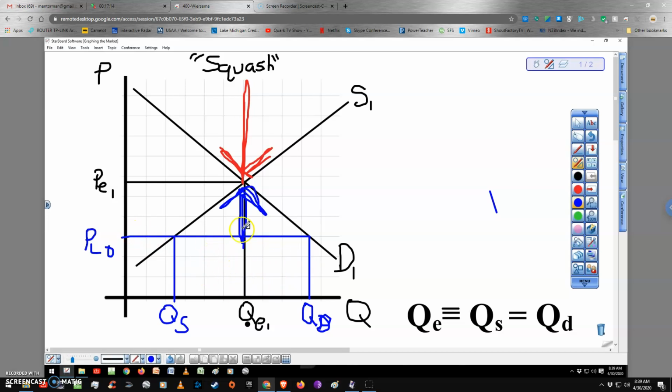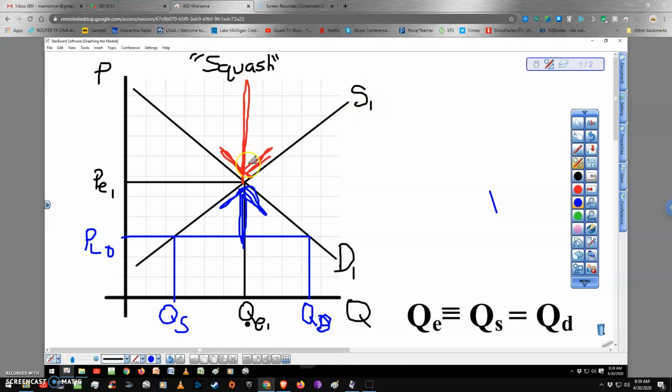Shortage below X. You'll notice that the force of competition between demanders is greater, so that will be pushing the price up because demander will outbid other demander to get whatever it is. In this case, squash. So demanders will bid up the price, and suppliers are more than willing to let people push the price up because remember, suppliers want a high price.